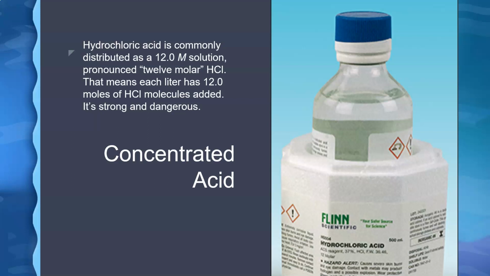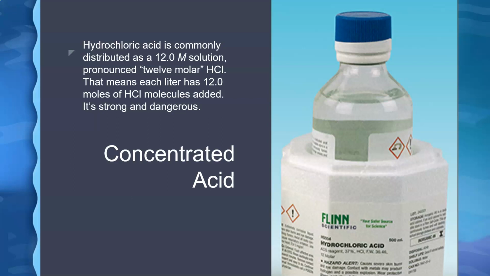That means that this is a very, very concentrated, very strong, and very dangerous solution. 12 molar hydrochloric acid, when you open it, will literally fume hydrochloric acid vapor into the air. So you don't want to open it and then stand around breathing nearby. It's very strong and it's very dangerous.